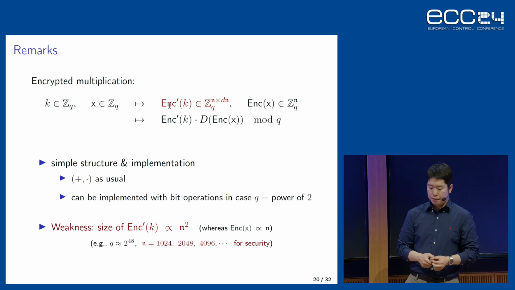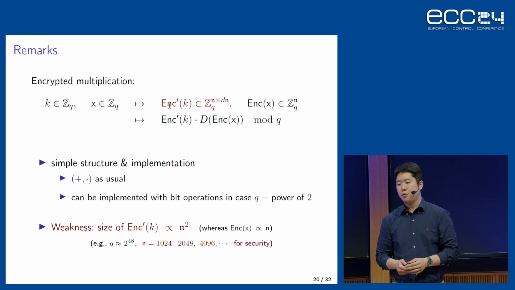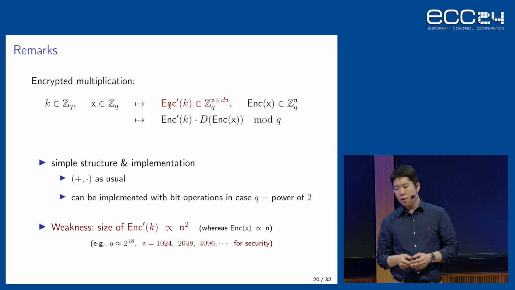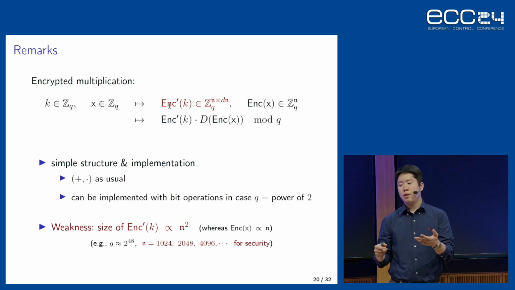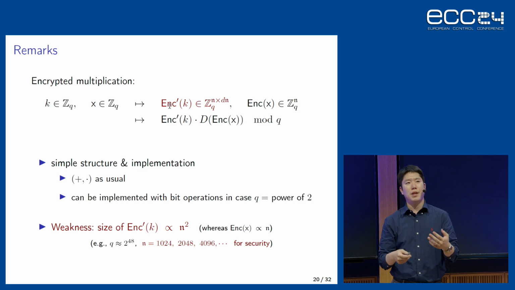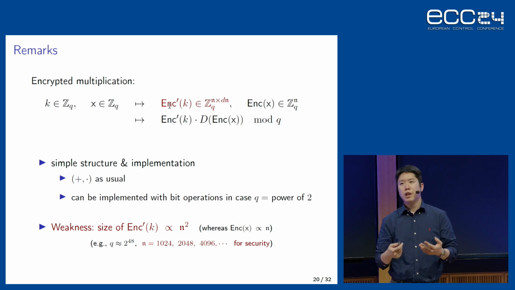However, there are weaknesses as well. The weakness of the GSW scheme is that encryption of a scalar message results in a large matrix. We have seen that for the LWE type encryption, when you encrypt a scalar, it results in an n-dimensional vector. But when it comes to GSW encryption, when you encrypt a number, it results in a square matrix whose dimension is n squared.